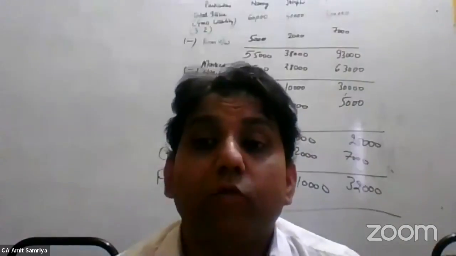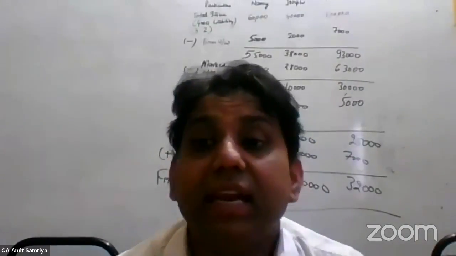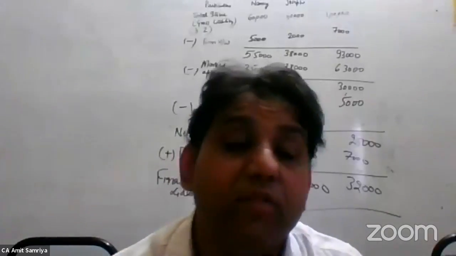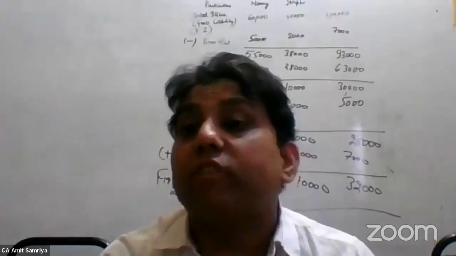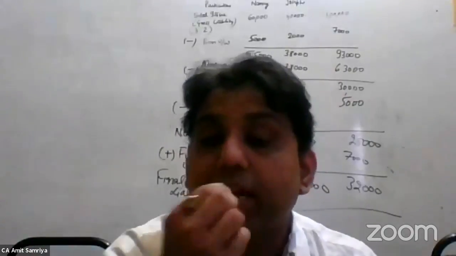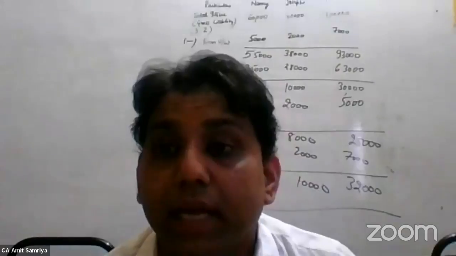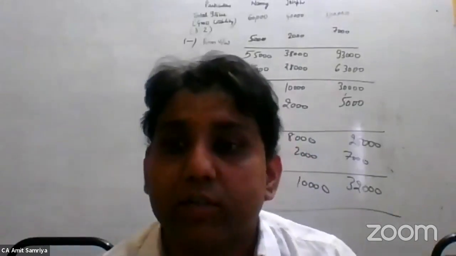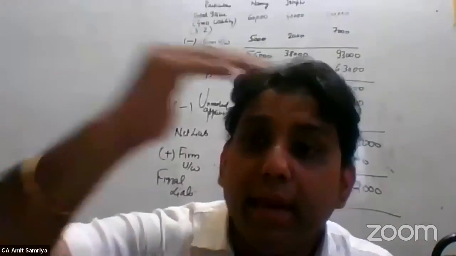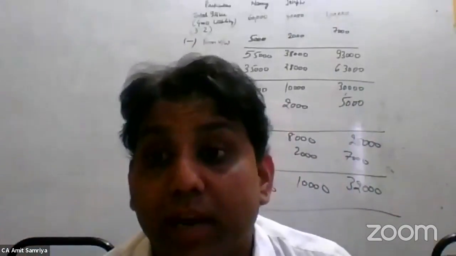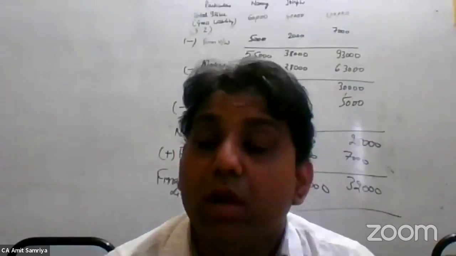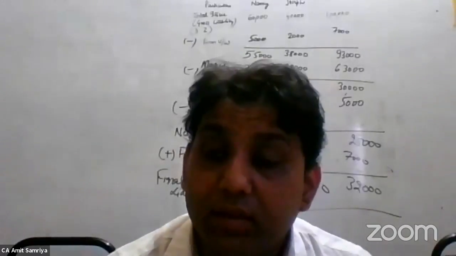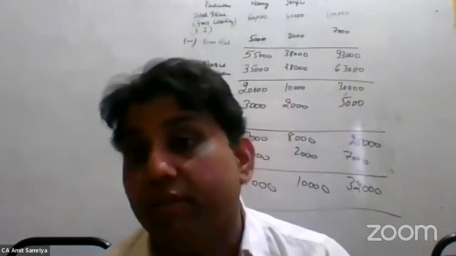The second part of AS4 is events occurring after balance sheet date. These are those significant events which occur after balance sheet date, but up to the date on which the financial statements are approved by the approving authority, say board of directors in the case of a company. Suppose financial year ending date is 31st March and board approval is on 15th May. Any event occurring between these dates is called an event occurring after balance sheet date. As per accounting standard 4, it may be of 2 types, adjusting event and non-adjusting event.